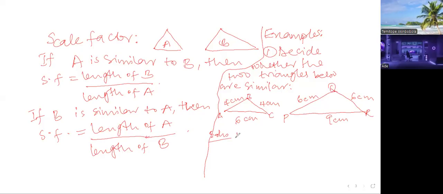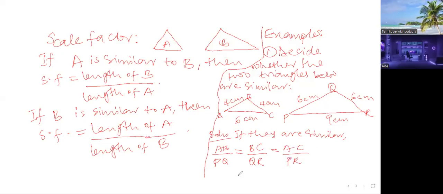Now, if they are similar, then AB ratio PQ should be the same thing as BC ratio QR, should be the same thing as AC ratio PR.